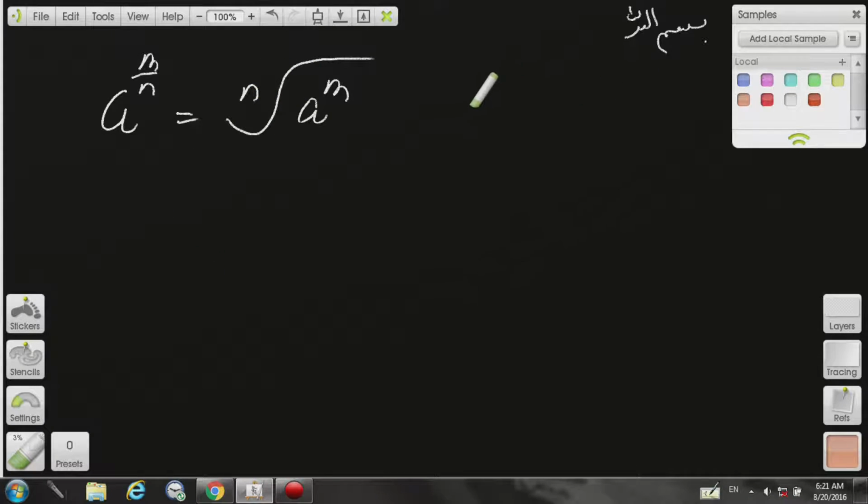So what does nth root mean? Okay. So if you have 16 to 1/2, this can be written as the second root of 16, which means what two numbers multiplied by themselves will give you 16, and that is 4.